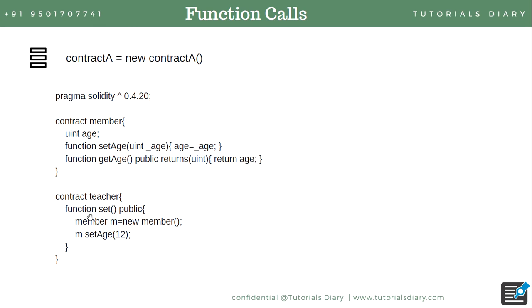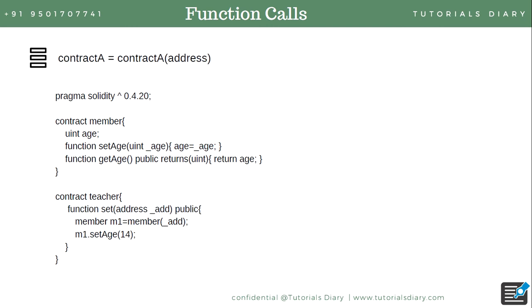When you call this member smart contract from the teacher contract with a new keyword, it creates a new instance of the member, which will have a separate address, not the address used when we deployed the member on the blockchain. This is one thing you have to consider when using this option. This is the reason we don't recommend this option, because it will have some random address generated at runtime instead of being assigned from your side. We'll see more on this in the hands-on.